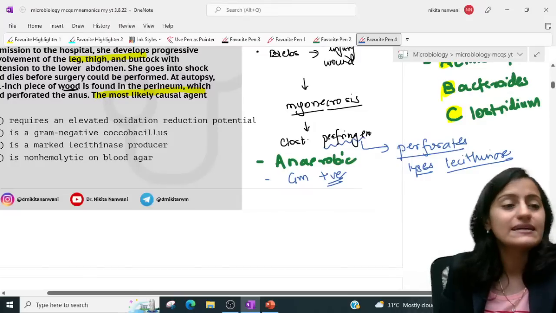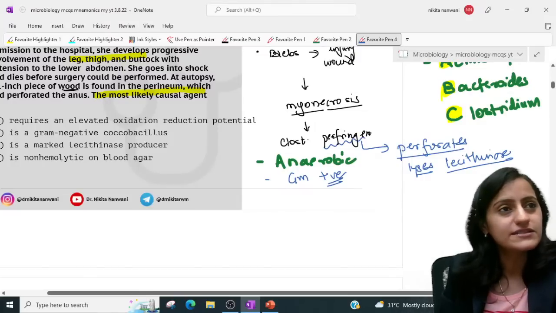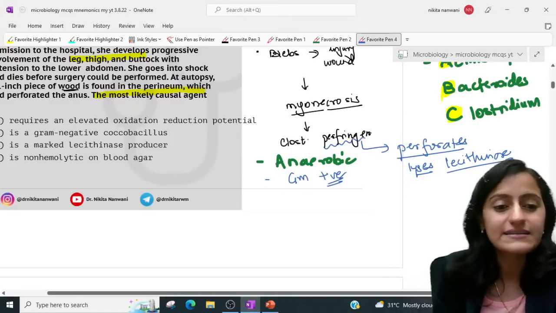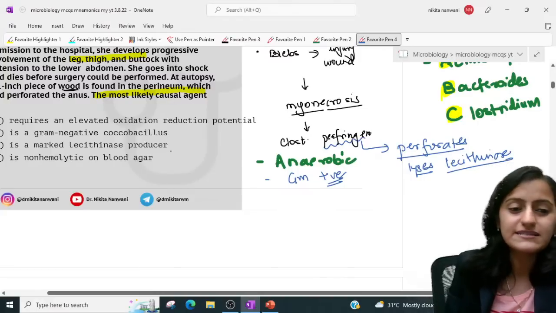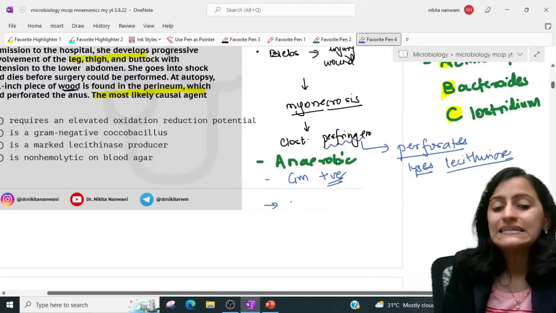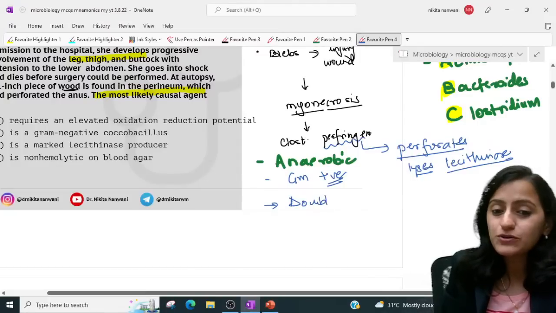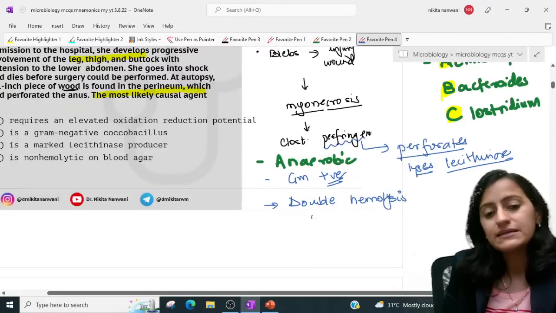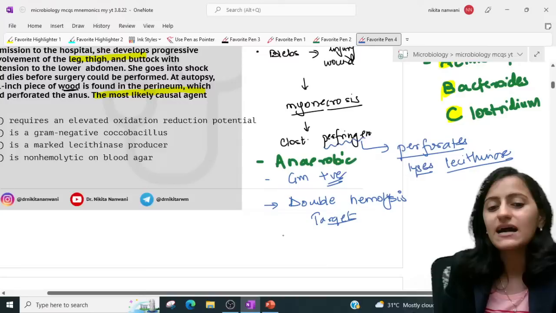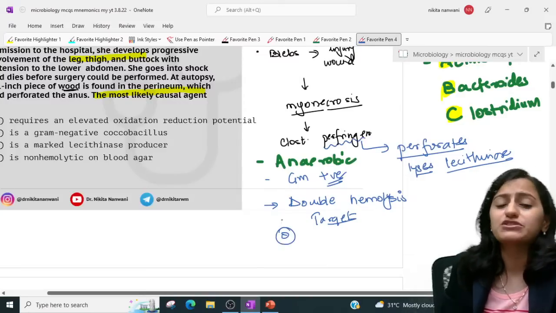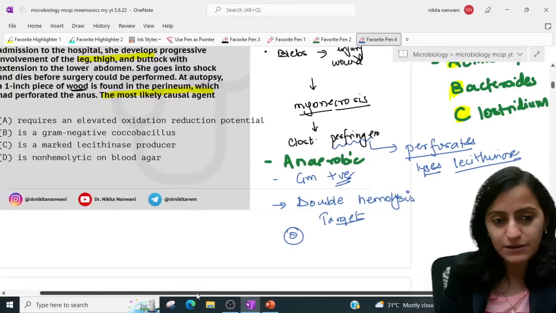Alpha toxin, beta toxin, theta toxin. Remember that is the alpha toxin. And another important point for Clostridium is that it causes a double zone of hemolysis. That is another important point that you should remember. Double hemolysis, or basically target hemolysis, is what we would be seeing with Clostridium perfringens. All these are the important points that we should know.